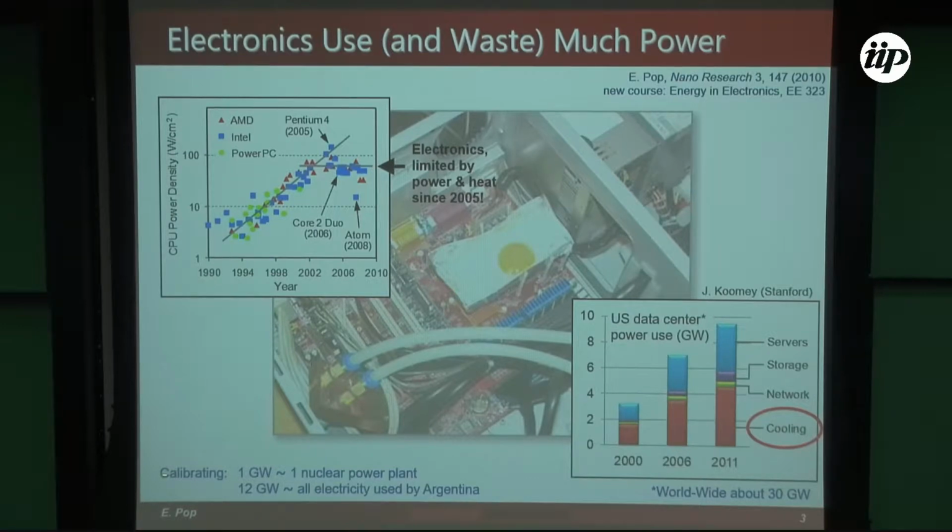I don't work on gigawatts, but I looked it up. 1 gigawatt is the power production of a nuclear power plant, and 12 gigawatts is the power usage of the country of Argentina, according to some numbers I found online. That is about comparable to what the data centers in the U.S. alone were using back in 2015 maybe.